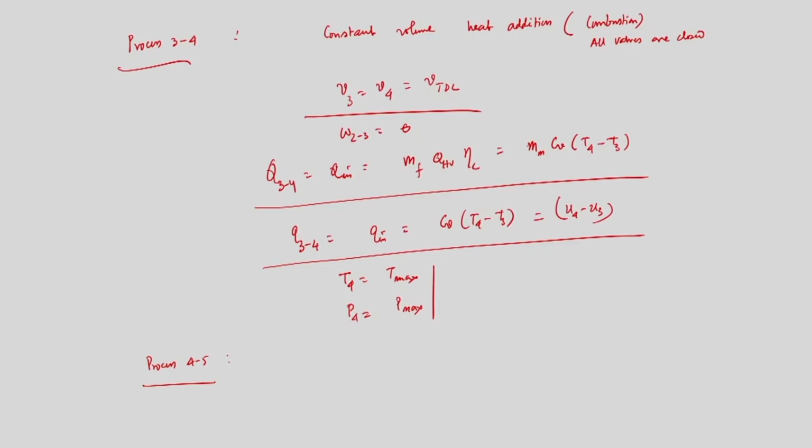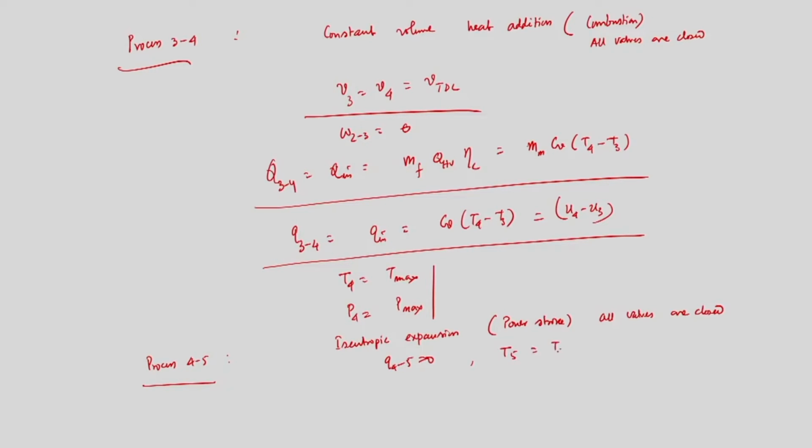Process 4 to 5 is the isentropic power expansion stroke, all valves are closed, and Q45 is equal to 0 because it is an isentropic process, that is very important.